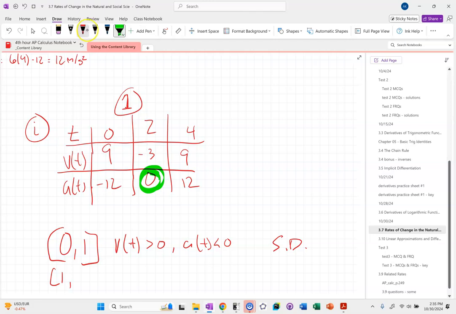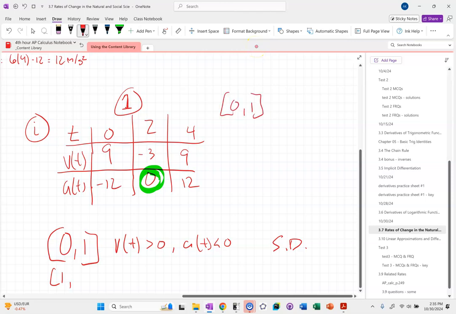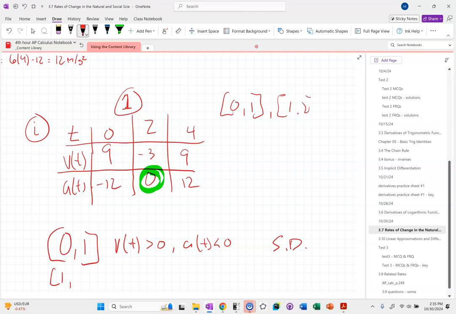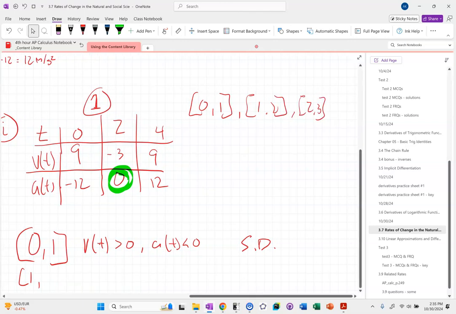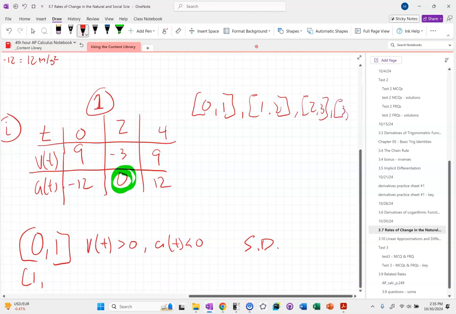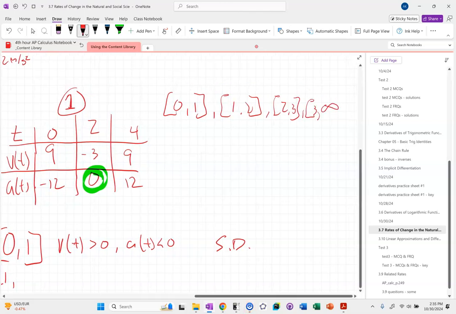So realistically, I need to know what's going on from 0 to 1, from 1 to 2, and then 2 to 3, and then what's happening after 3. Those are the zones where things can happen, right?